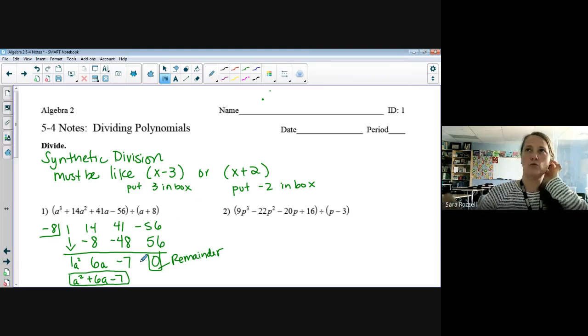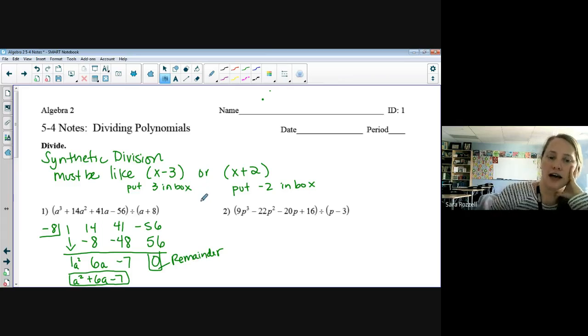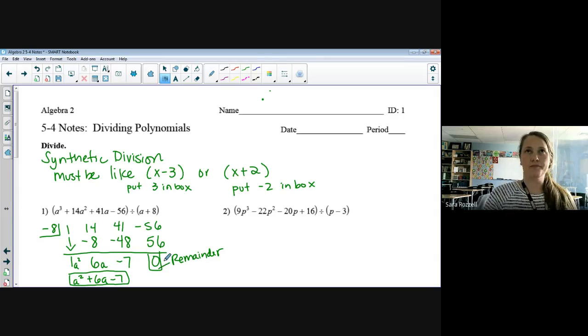So then you have to know, what is your answer? How do we get to what our actual answer is? I look here. The number at the very end is our remainder. In this case, our remainder was 0. Okay. And then you're going to work your way back, and you're going to fill in your variables after that. So we have a constant, just like we do here.